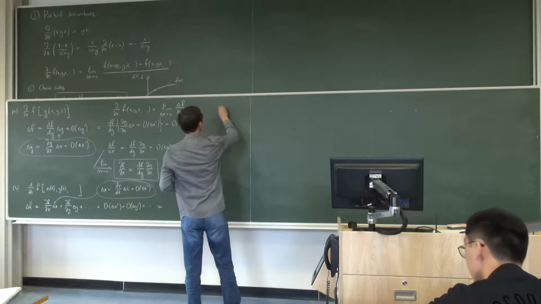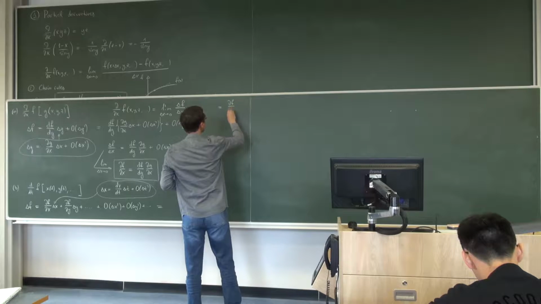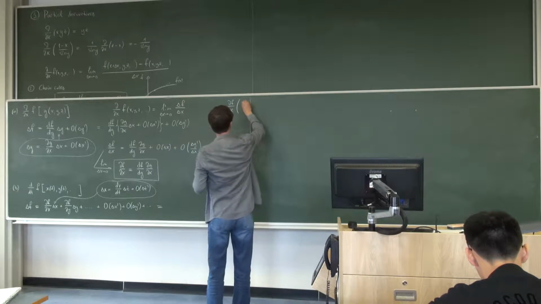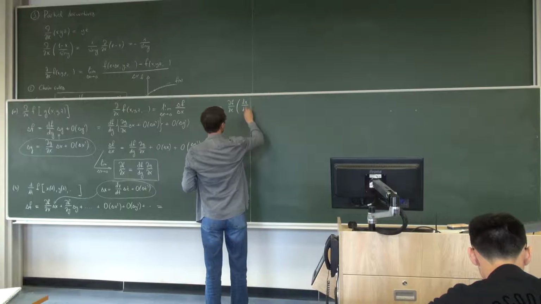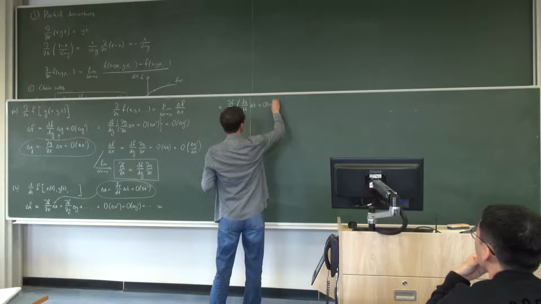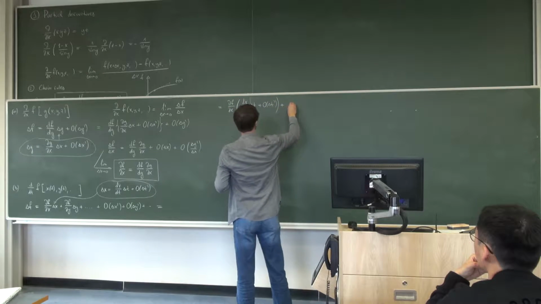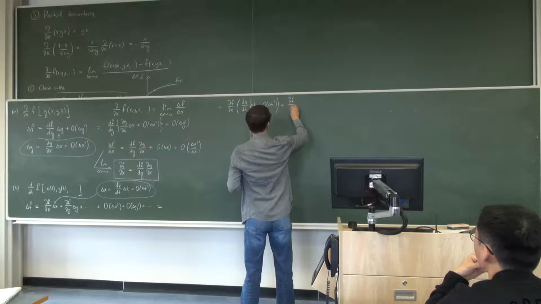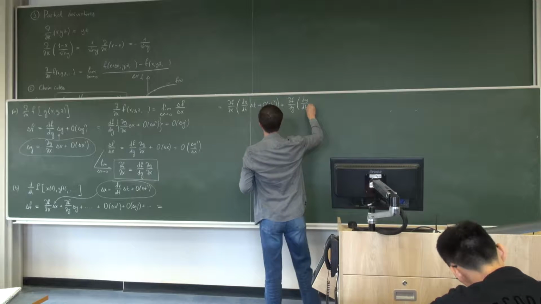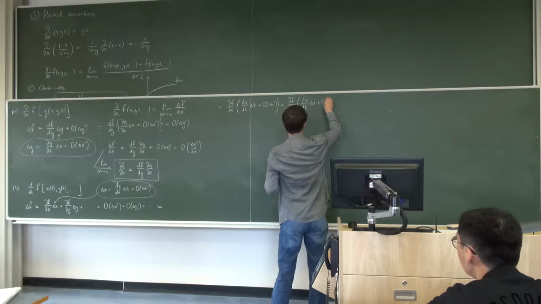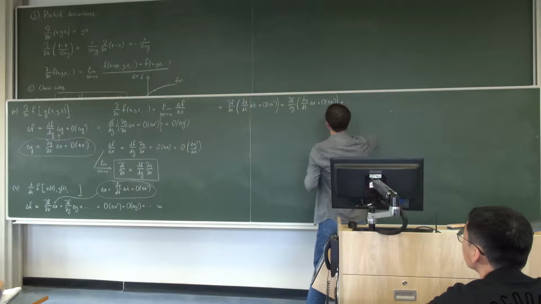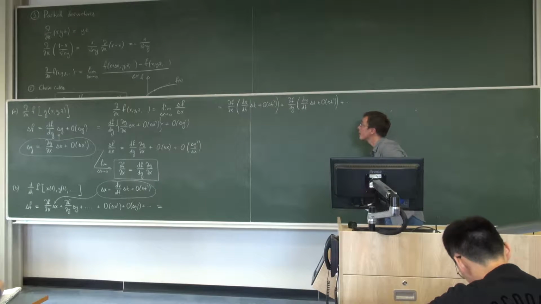So we have df by dx, and then that thing inside, dx by dt delta t plus order of delta t squared, plus df by dy and dy by dt delta t squared, and all the various corrections in there.